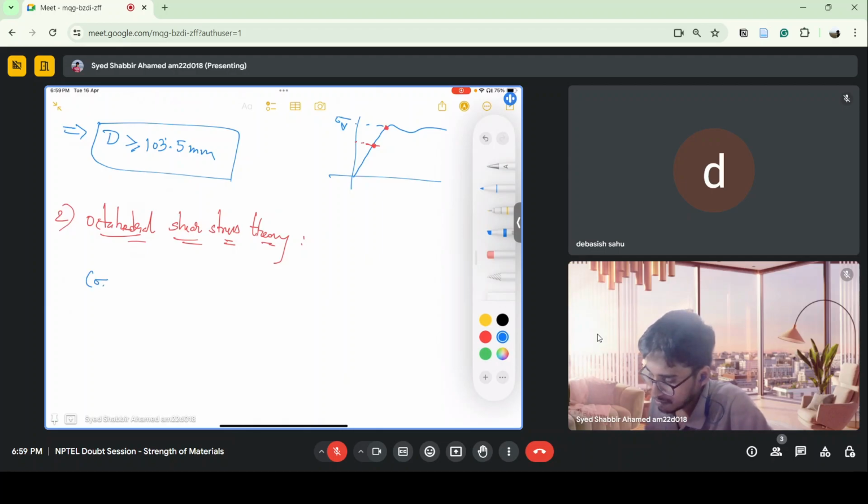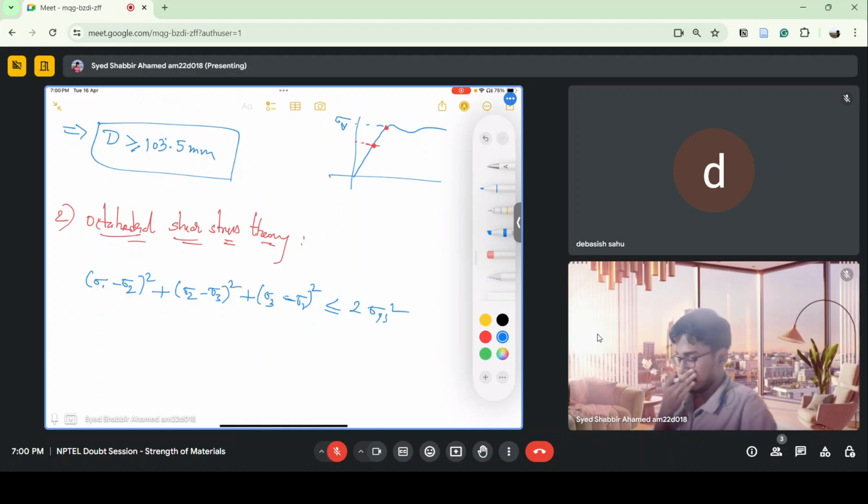So we get this expression: sigma 1 minus sigma 2 whole square, plus sigma 2 minus sigma 3 whole square, plus sigma 3 minus sigma 1 whole square, is less than or equal to 2 sigma ys whole square. So this is the octahedral shear stress theory, or von Mises theory.